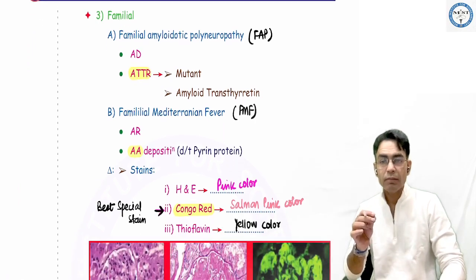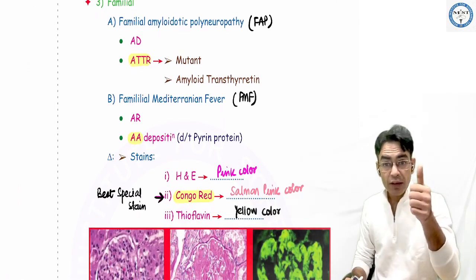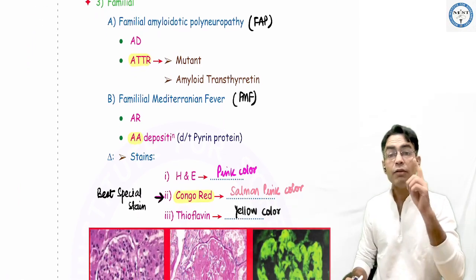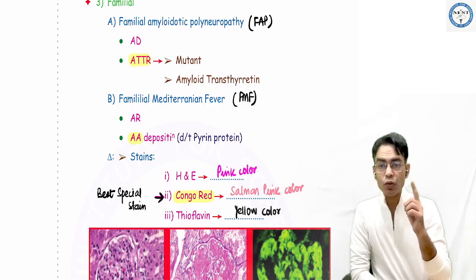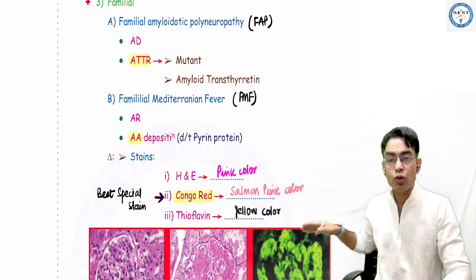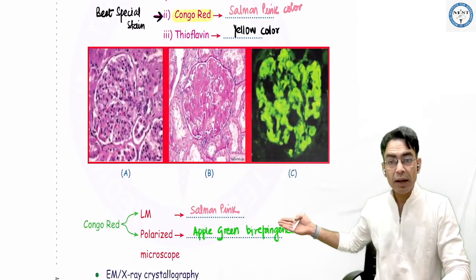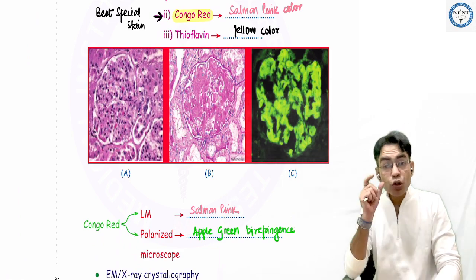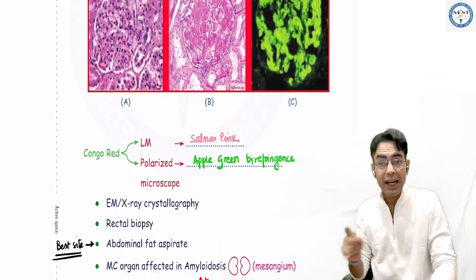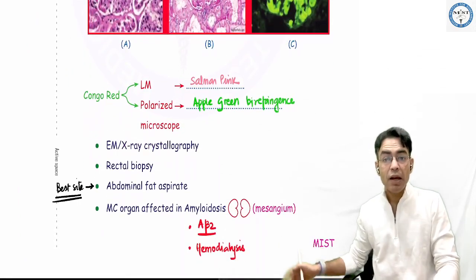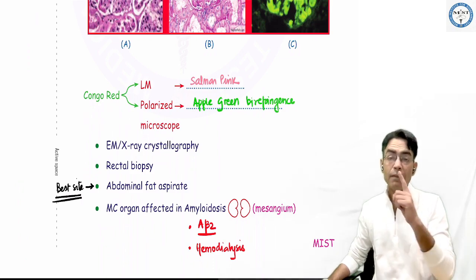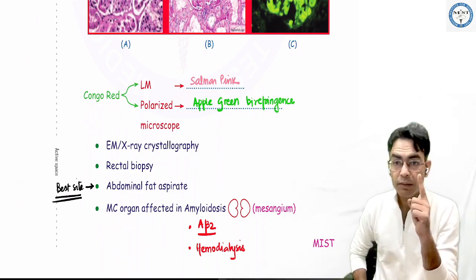Most common stain is H&E, but the best stain for amyloid is Congo red. It gives you salmon pink color on light microscopy. That is why we have to do polarized microscopy to get apple green birefringence. Most common organ involved is kidney, A beta 2 amyloid with hemolysis. But most common cause of death is heart involvement.